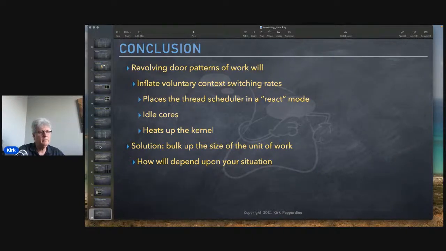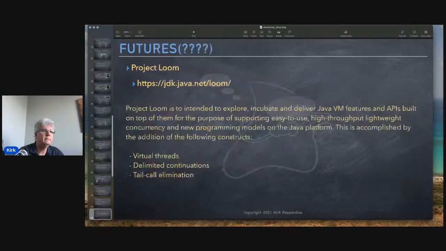But you might make up for that bit of latency induced by queuing by simply being able to get through the unit of work faster, because it's less interrupted by all of this context switching activity. Again, the solution is really going to depend upon your situation.